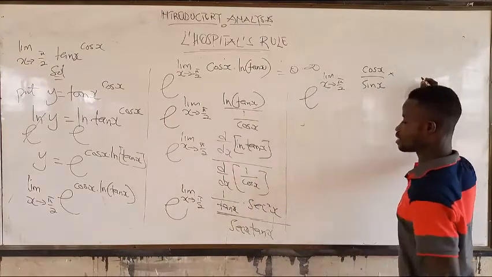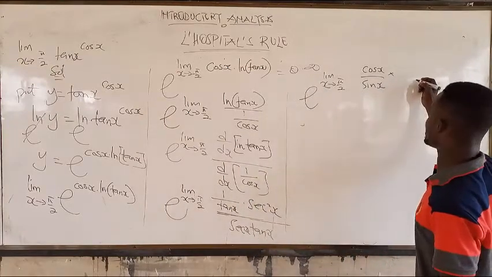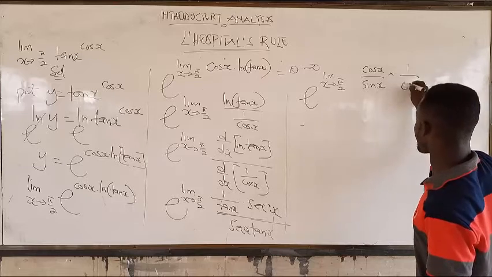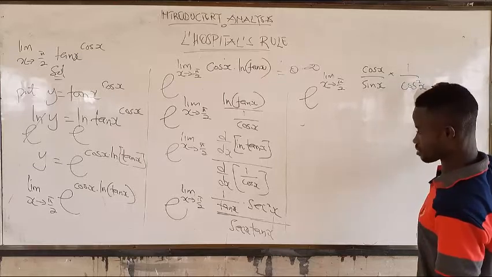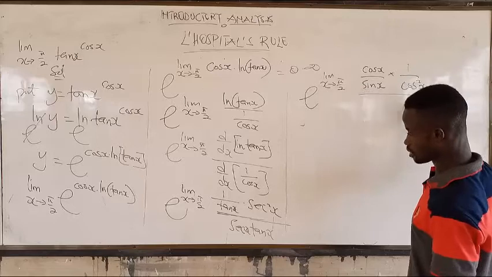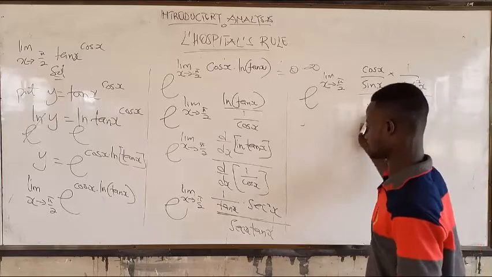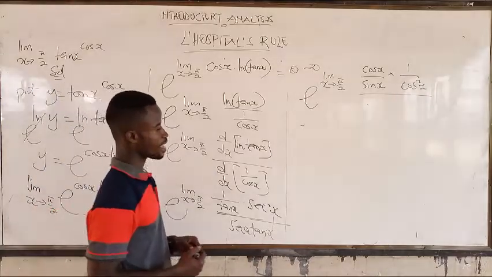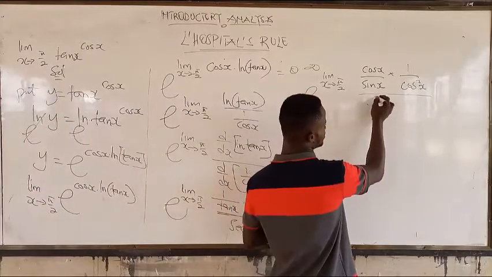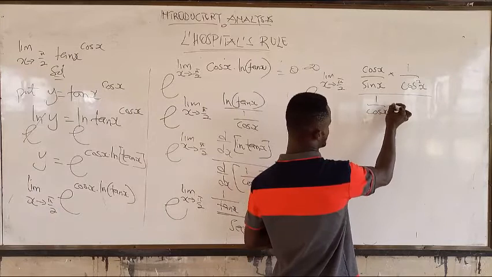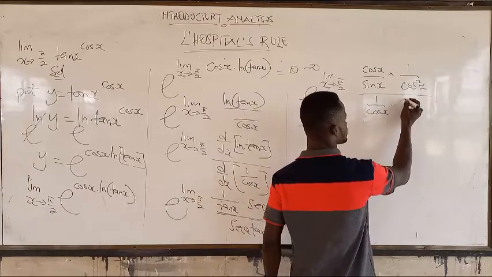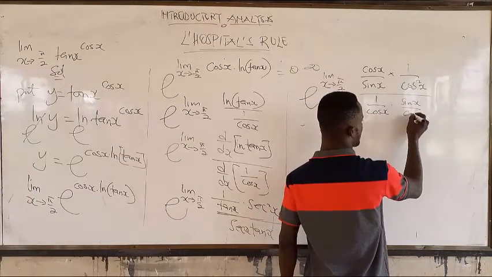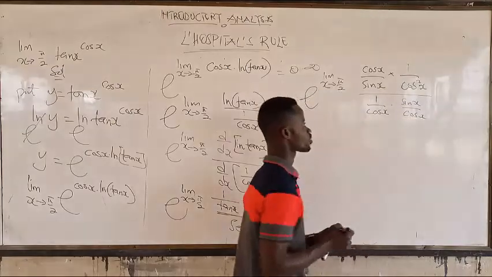Then here, the sec square is the same as 1 over cos square x. All this over sec x, which is 1 over cos x, multiplying tan x, which is sin x over cos x.